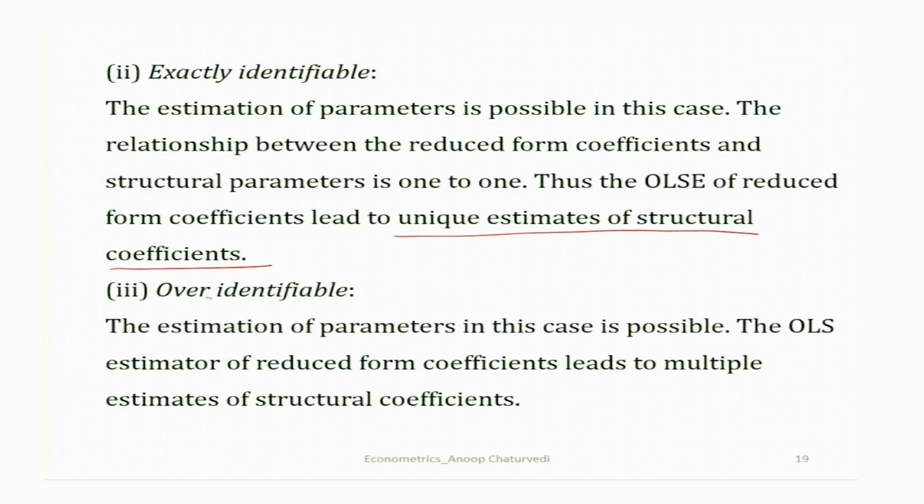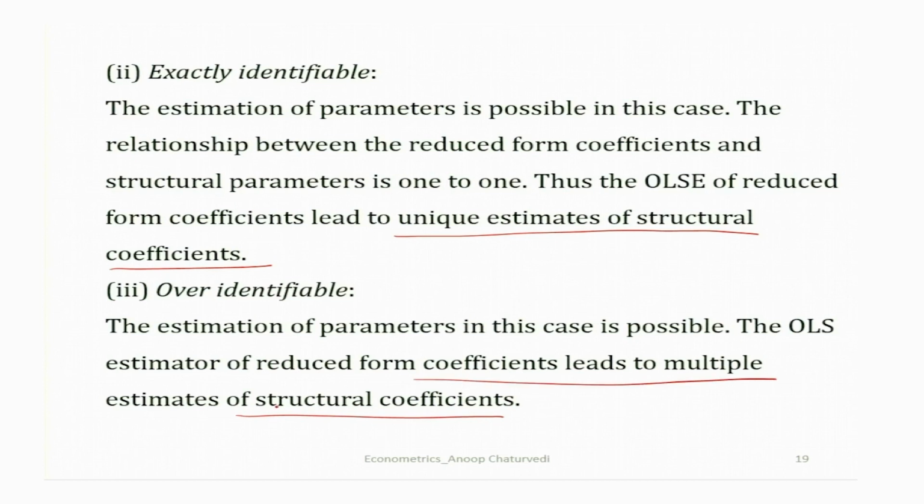Then we consider the case of over identification. In the case of over identification, the estimation of parameters is possible. Still you can estimate the parameters. The ordinary least square estimator of reduced form coefficients leads to multiple estimates of structural coefficients.